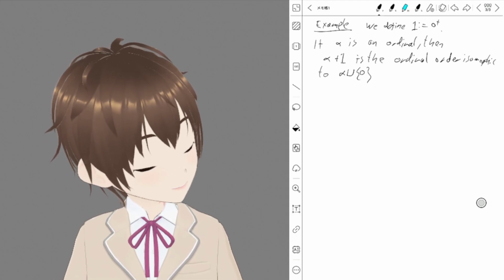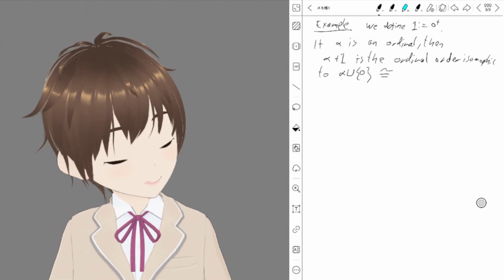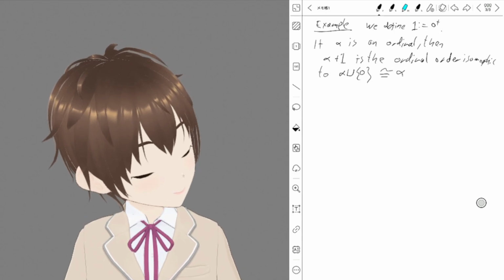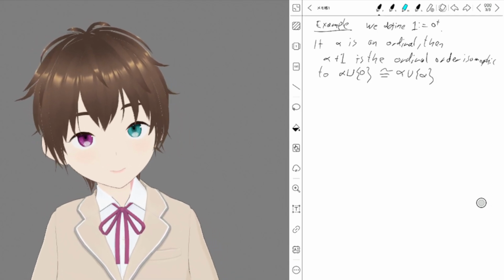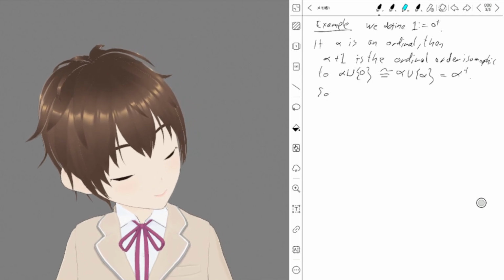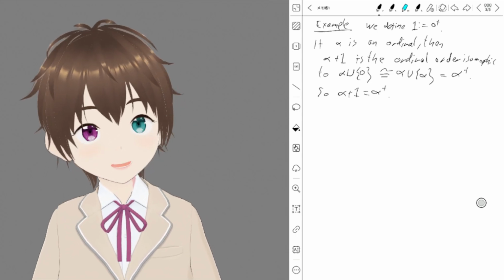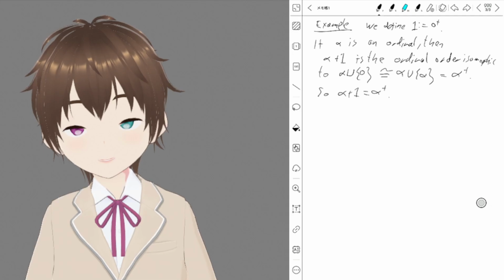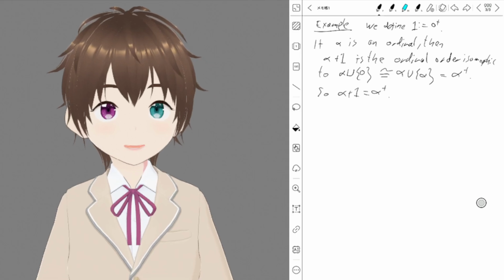Which you may notice is order isomorphic to alpha union the set containing alpha. You just map 0 to alpha. And this is the definition of alpha plus. So alpha +1 is equal to alpha plus. And from now on, I'll probably just write alpha +1 instead of alpha plus, because it's more reasonable looking notation, and you don't have to keep track of pluses in the superscripts.